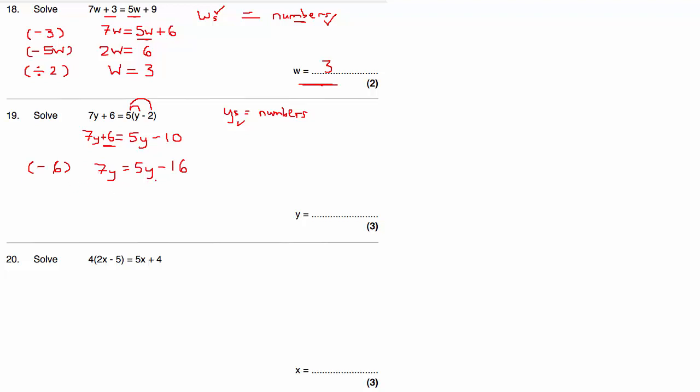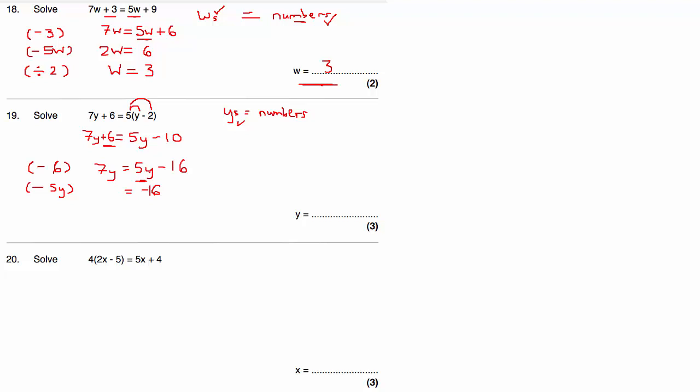Okay, so we've still got a y term now on the right hand side of the equal sign. It's plus 5y, so we can subtract that. That leaves us with minus 16 on the right hand side.